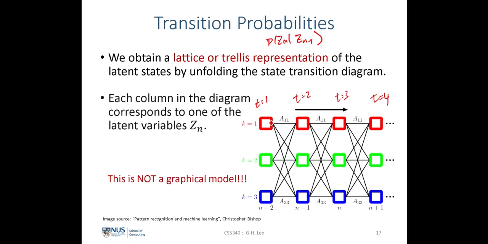So what it means is that at the first time step, t equals 1, there could be z1, which is the first latent random variable. It could actually take one out of these three states over here.